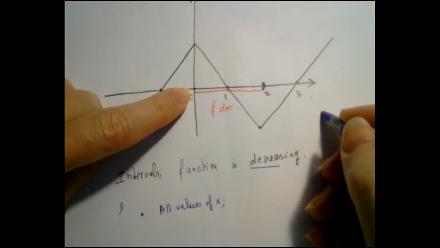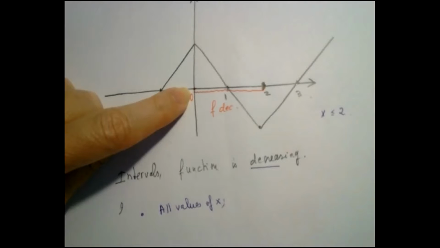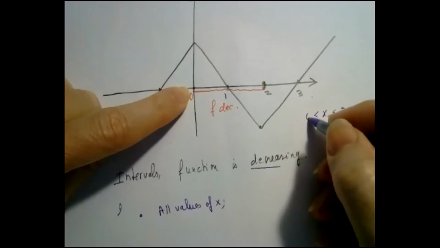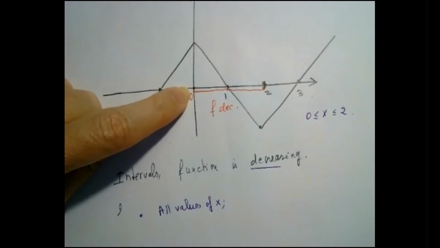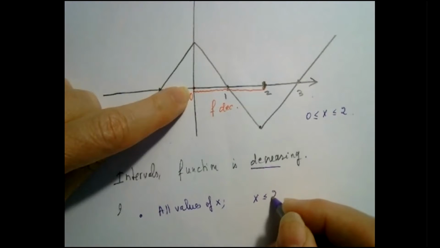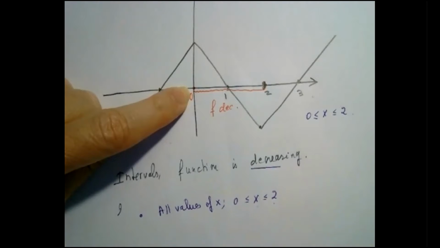This input is less than 2, and it's greater than 0. That's what characterizes an input between 0 and 2. So I can say all possible inputs such that this input has to be between 0 and 2.